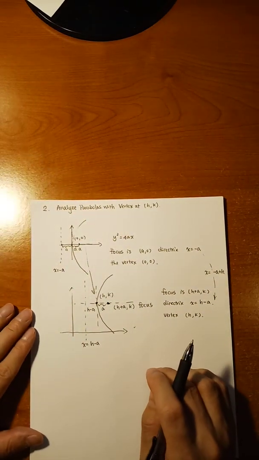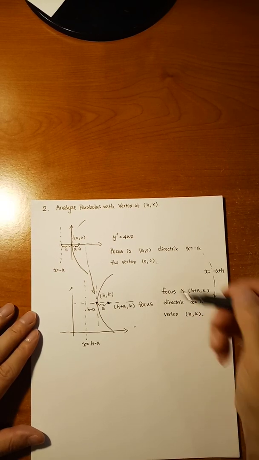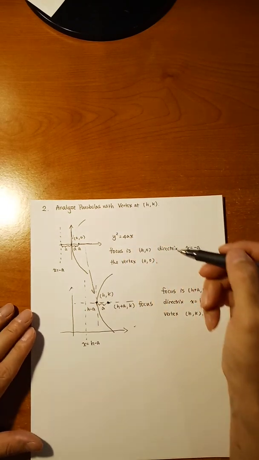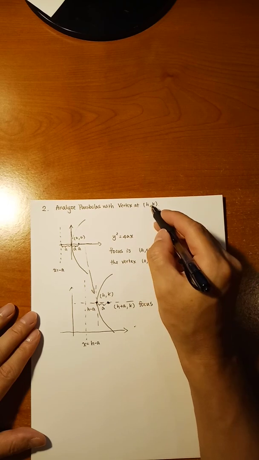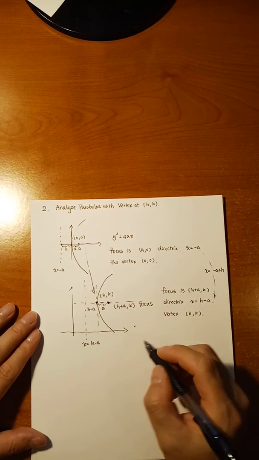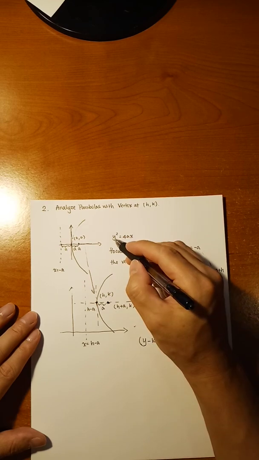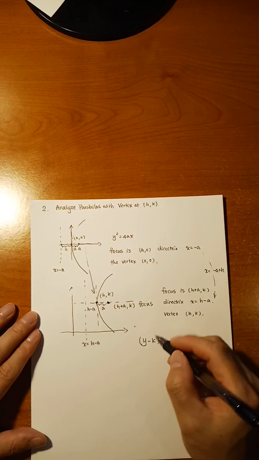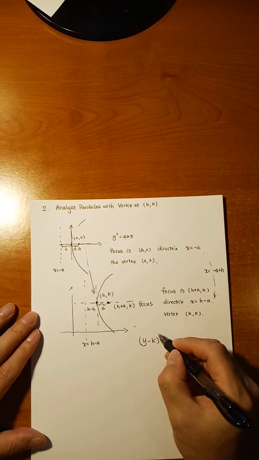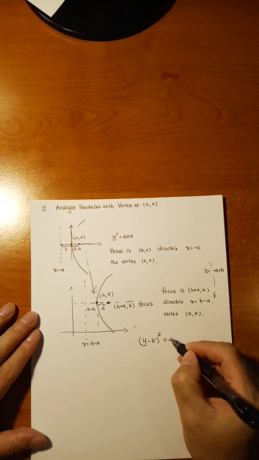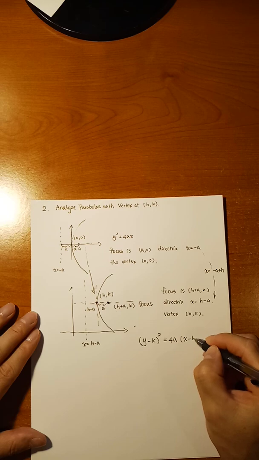So this condition is the focus, directrix, and vertex. Then what is the equation? The equation is the following. Whenever you move the vertex to (h, k), whenever you see y, you replace it by y minus k. Here's y squared, so you need parentheses squared. For 4ax, you replace x by x minus h.